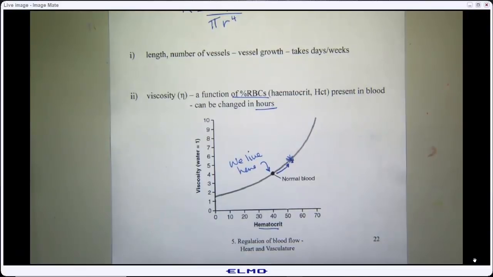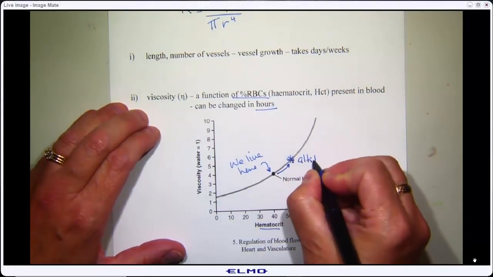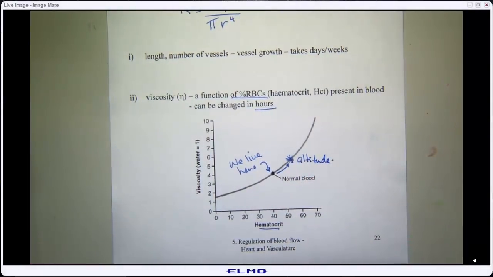If you send them to altitude, the lack of oxygen in the air, over a 2-week period, the body will respond by increasing your oxygen carrying capacity, so increase your red blood cell count, which is a great idea, because you need to carry more oxygen. There is a trade-off with that though. You increase your viscosity, so your resistance to blood flow gets a little bit higher. Humans can live at a certain height based on oxygen and this viscosity problem. There are heights that we can't live at because of this issue.